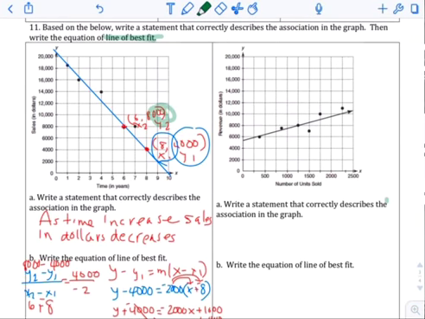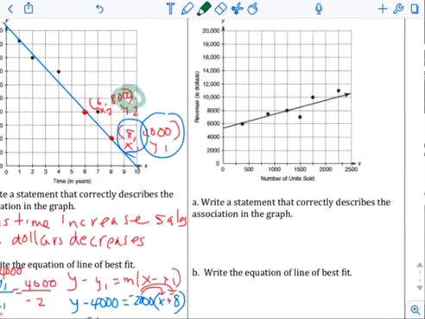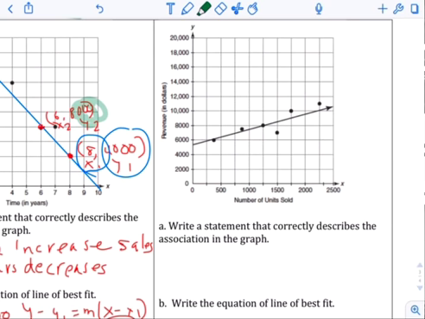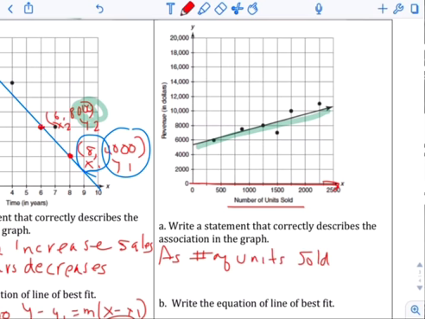Same thing here. They draw a line of best fit. Okay, write the association. It's increasing. So as the number of units sold goes up, the math word is increases.